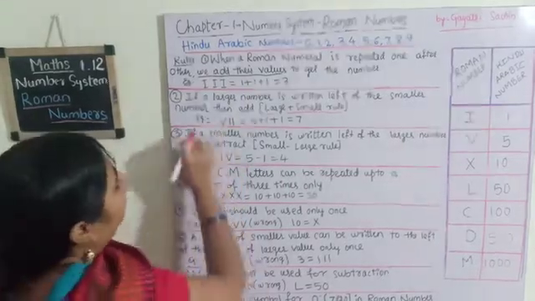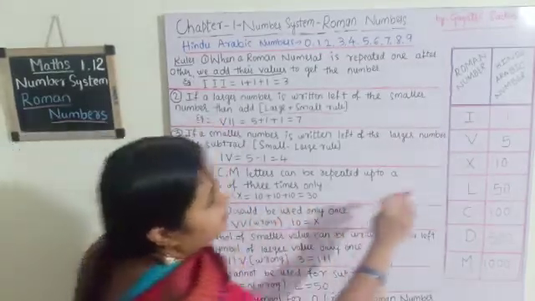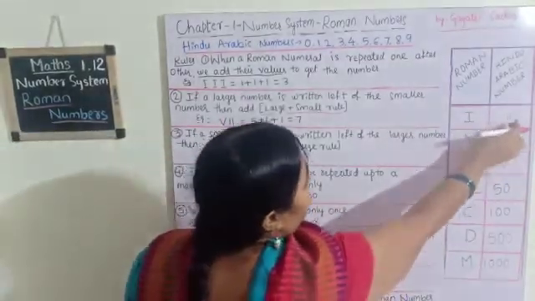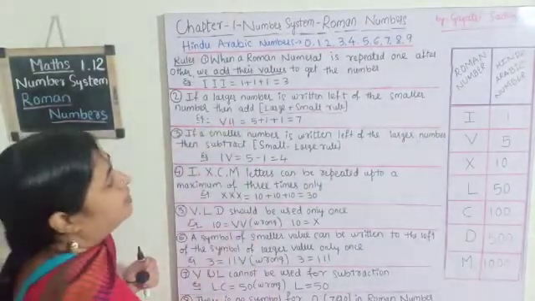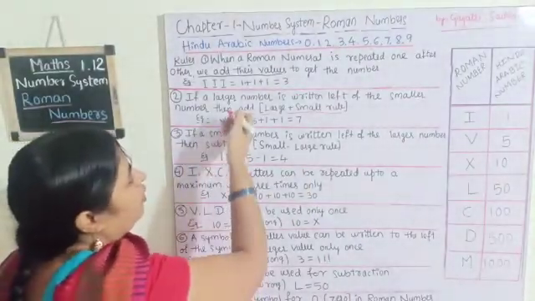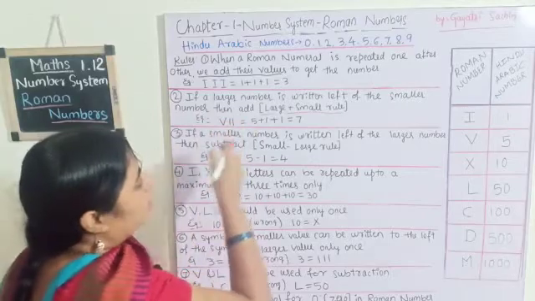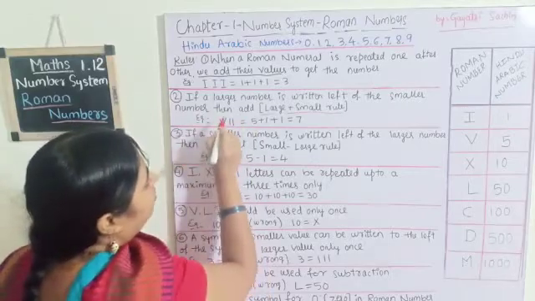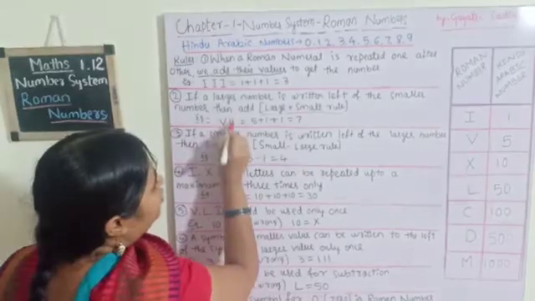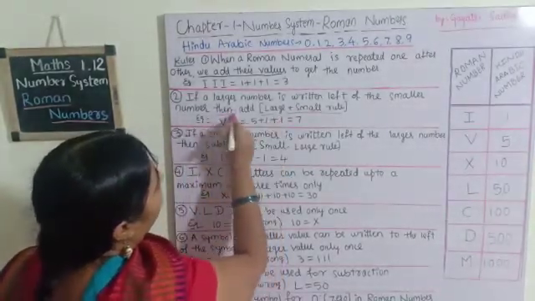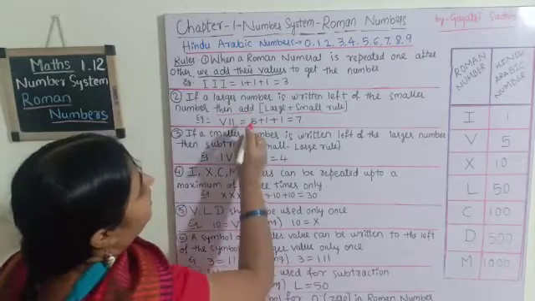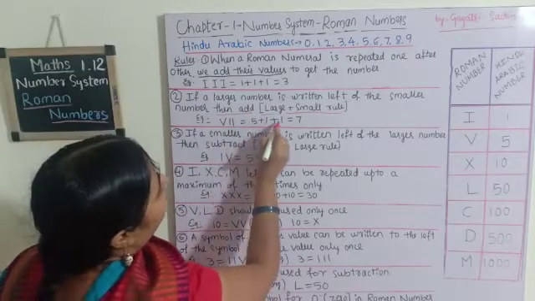See, for example, this is V. V stands for 5 and I stands for 1. So this is the bigger one and these two are smaller ones. We have to add these values to get the number. This is 5. In front of this bigger value, 2 smaller values have come, so we have to add. See, 5 plus 1 plus 1 equals 7.